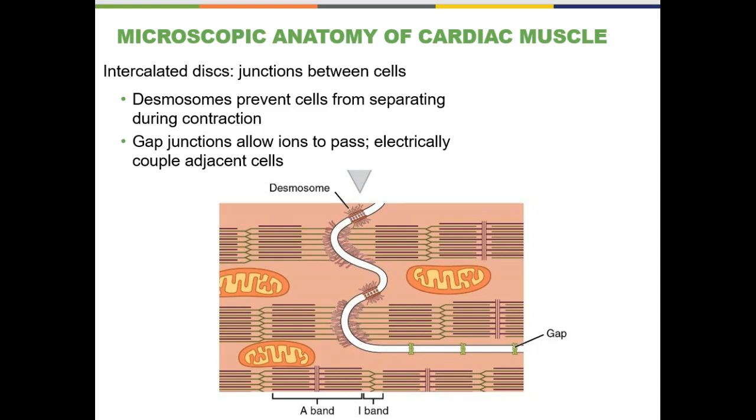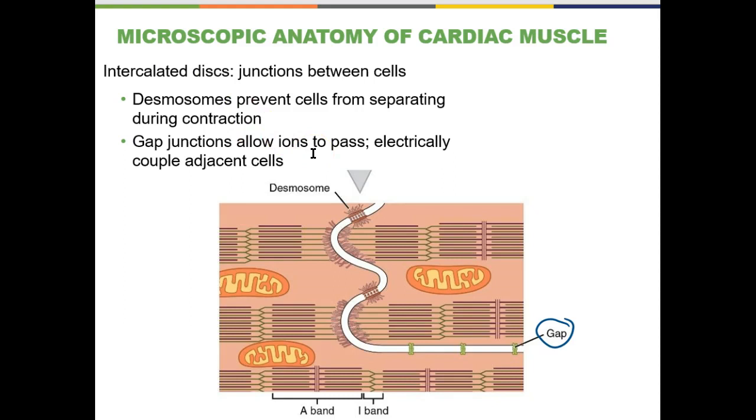First are the desmosomes, which are strong mechanical junctions between the cells that keep your heart from tearing apart as it contracts. And then you have gap junctions here, which you may recall, as it says on the slide, allows ions to pass from one cell to the next.